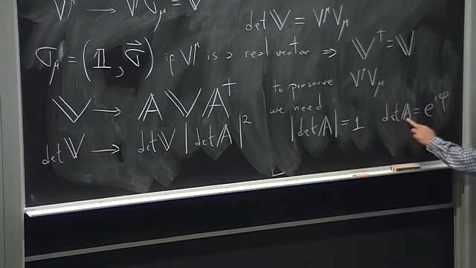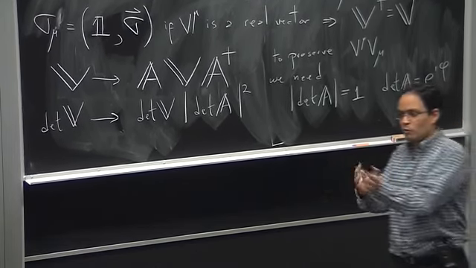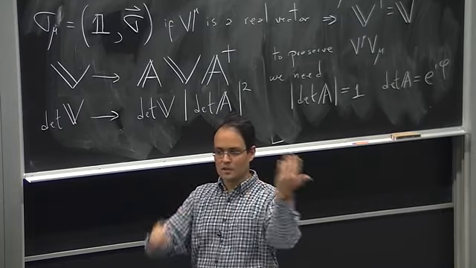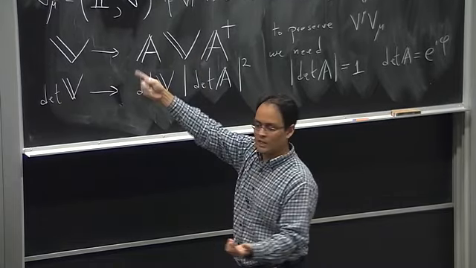But any phase that I have on A that produces its determinant can be removed by multiplying A by a matrix that is a pure phase. The identity times a pure phase. But the identity times a pure phase doesn't affect V at all.